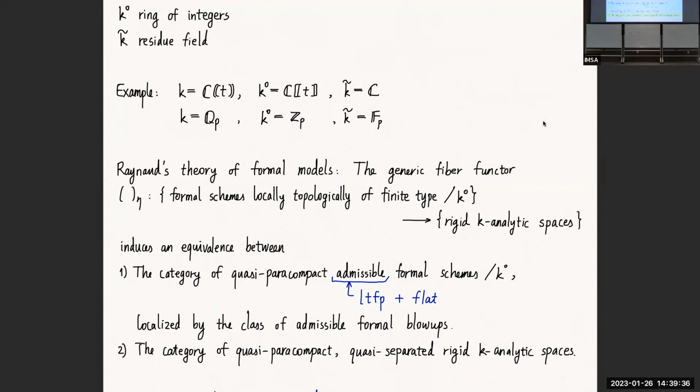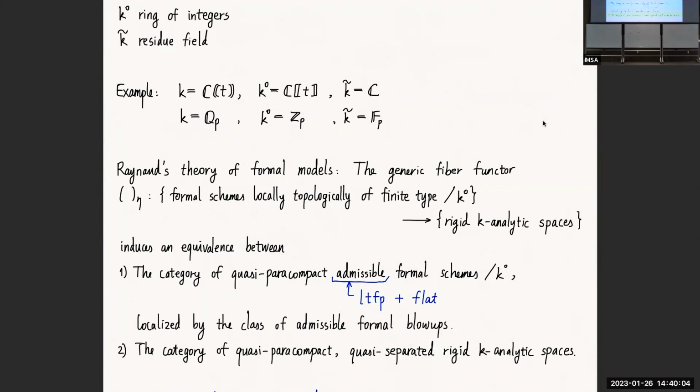Admissible means this locally topologically of finite presentation plus flat. And once we have flat, topologically of finite presentation and topologically of finite type are the same thing. If you remember what you learned in commutative algebra, finite presentation, just the ideal is also finitely generated.